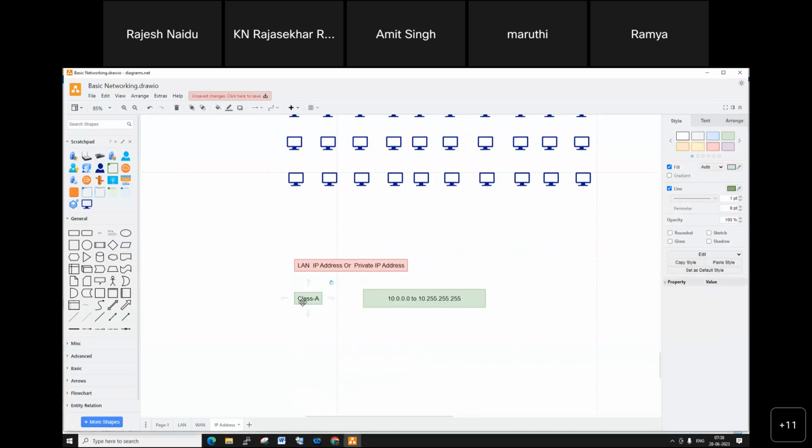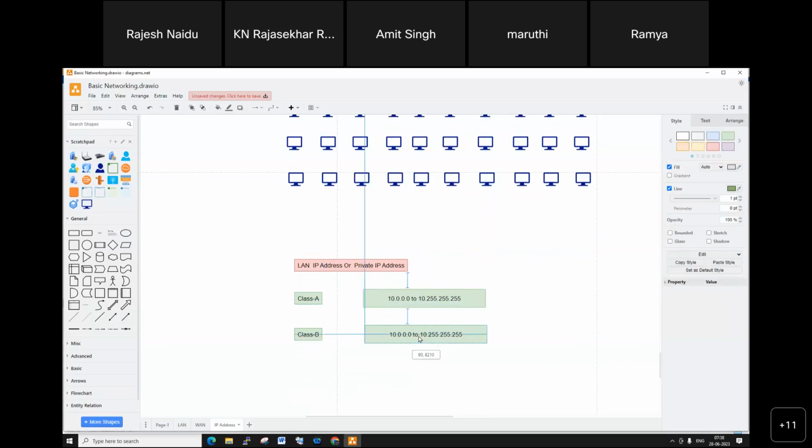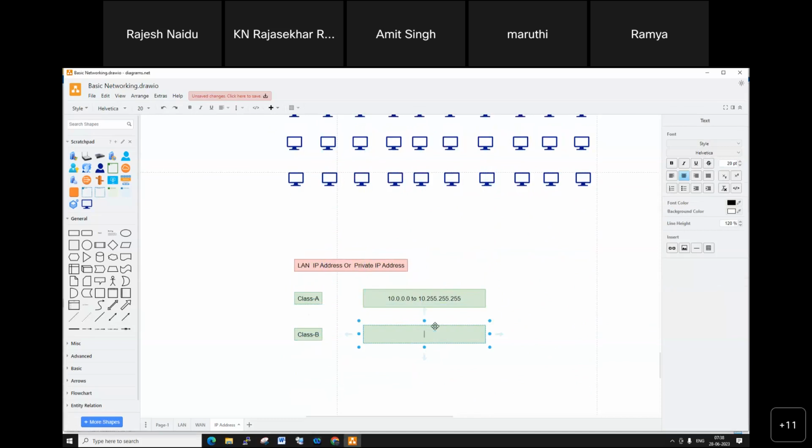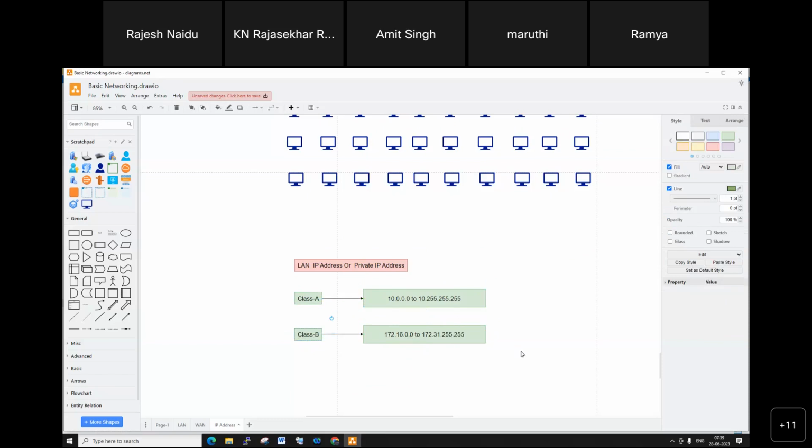In the same way, class B is also available. What is the class B IP address? 172.16.0.0 to 172.31.255.255. This range is reserved for class B private IP addresses. And what about class C?